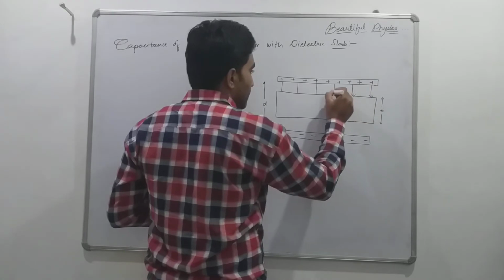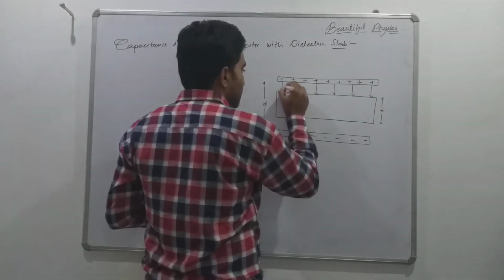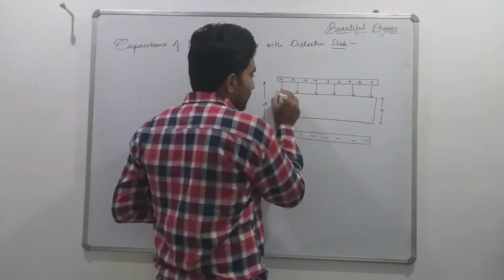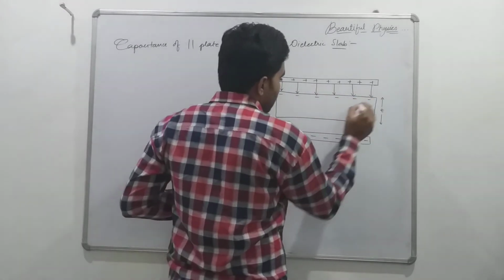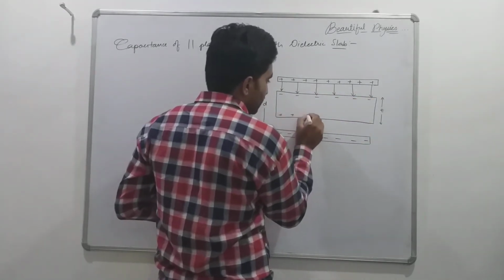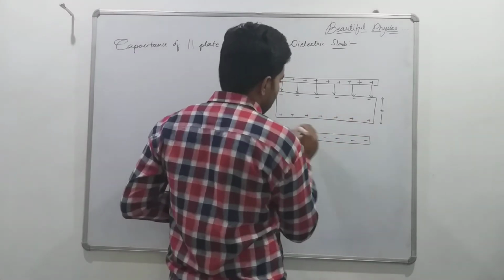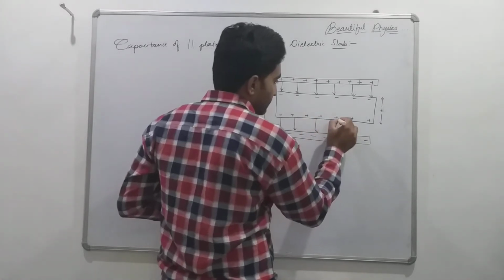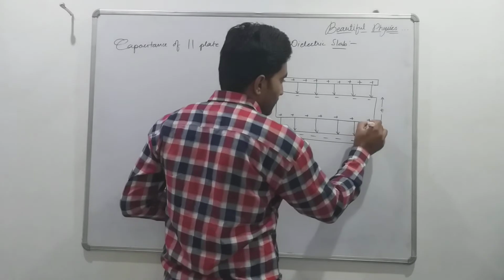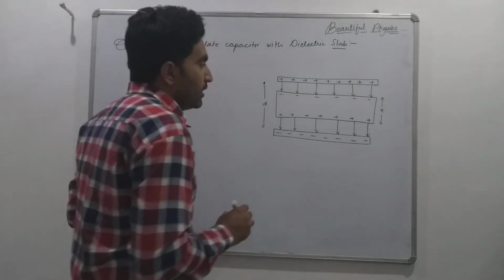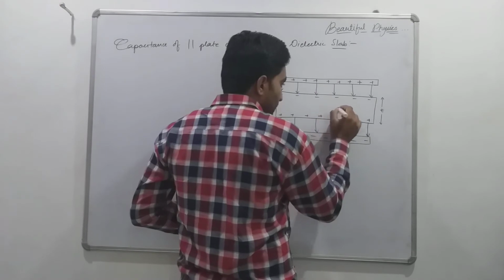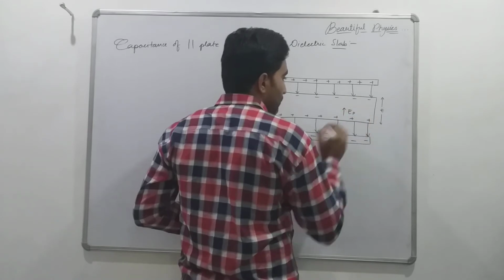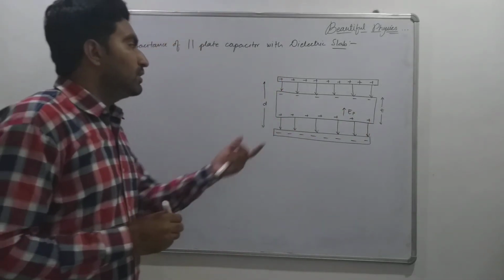Okay, this is the direction of the electric field present between the plates of the capacitor, and due to polarization this surface acquires negative charge and this surface acquires positive charge. Then the direction outside the dielectric slab remains the same, but inside the electric field due to polarization is in the opposite direction, due to electrical polarization of the dielectric slab.